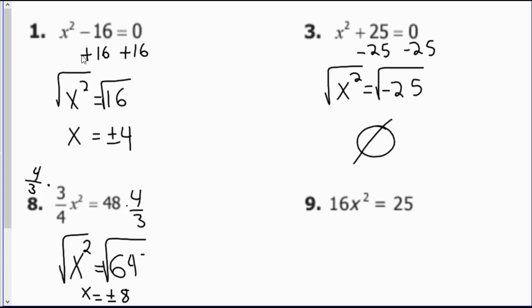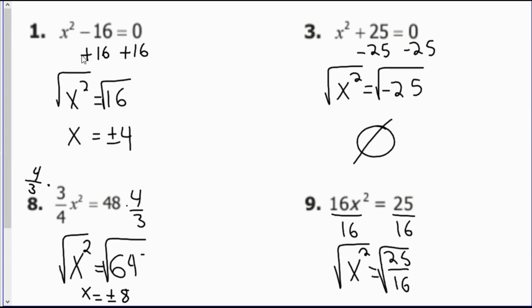Number 9, 16x squared equals 25. Now I have 16 multiplied by x squared, so I want to use the opposite operation, which for multiplication would be division. So I divide by 16. Now I have x squared is equal to 25 over 16. Notice when I take the square root here, that's two perfect squares.